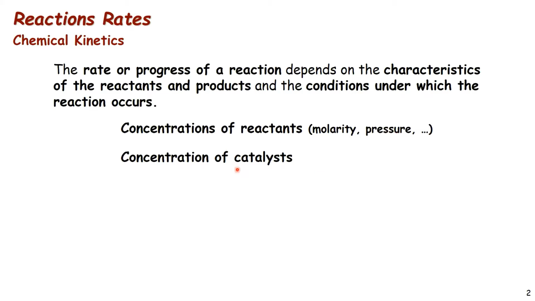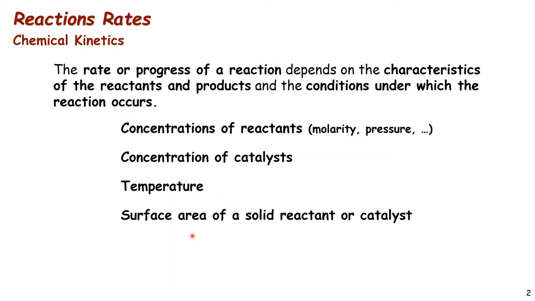A catalyst is something you add to a chemical reaction that makes it speed up, but it itself isn't consumed in the chemical reaction, so it remains unchanged from beginning to end, but it did influence the kinetics. It made the reaction speed up. We're going to talk about how temperature, always an increase in temperature, will always result in a faster chemical reaction. And then the surface area of a solid reactant or catalyst, okay?